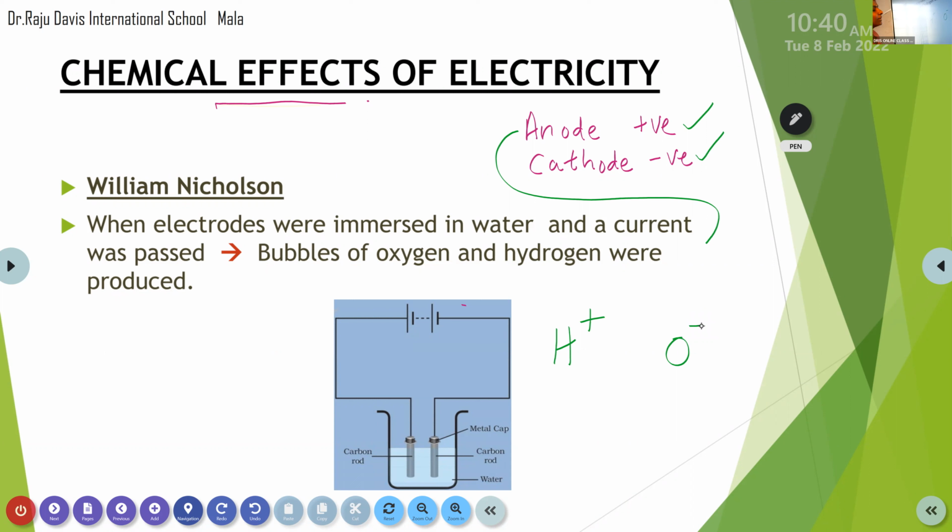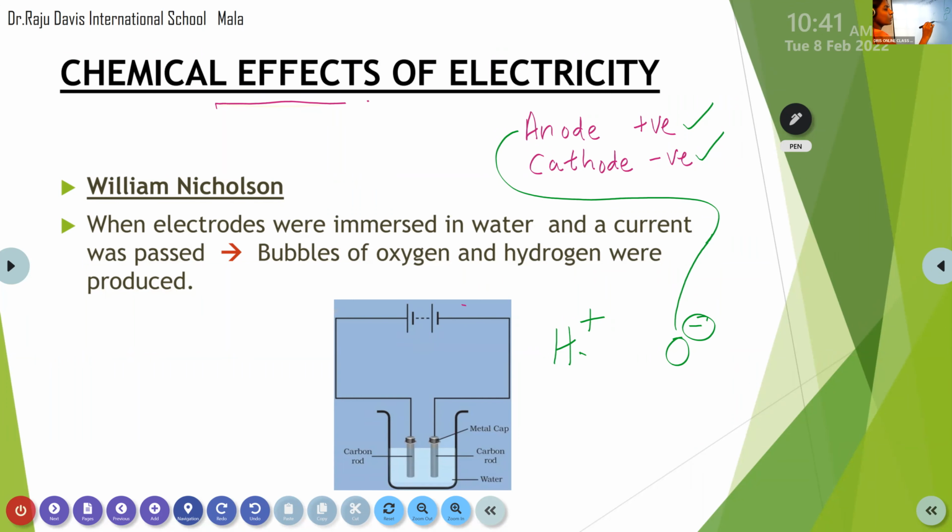Because unlike charges attract each other. The anode is positively charged, so the negatively charged component, oxygen, moves towards it. Opposite charges attract, so oxygen moves towards the positively charged anode. And what about this hydrogen?